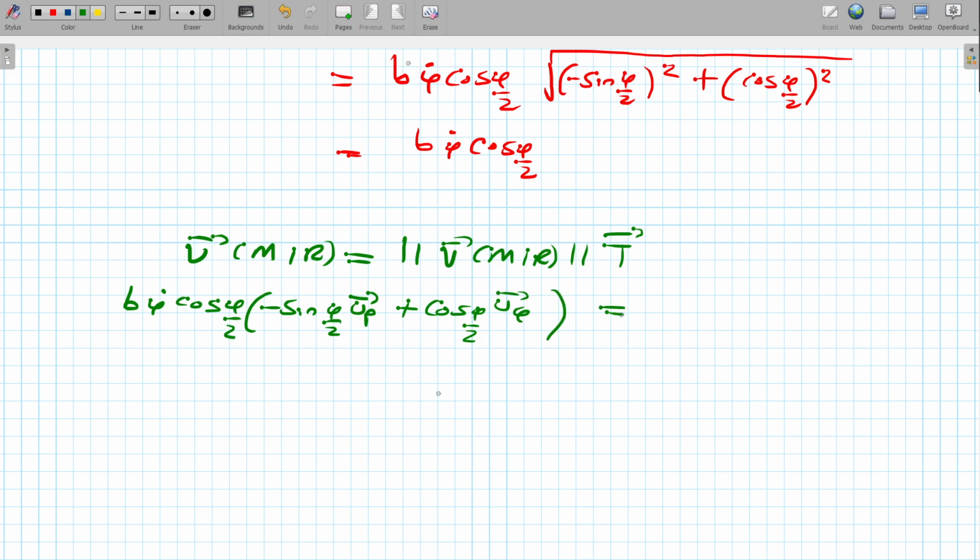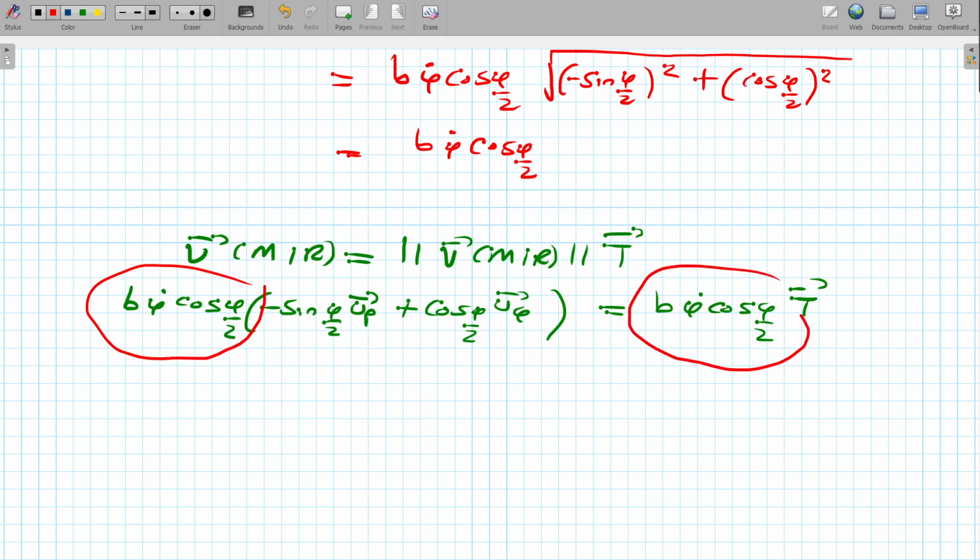And this is equal to the norm we found, which is b phi point cosine phi divided by 2, multiplied by the vector t. Now let's compare what we have here. This part that we have here, we have it here.